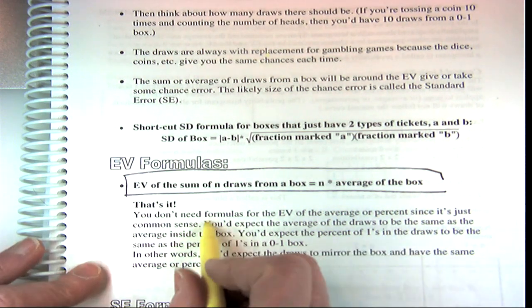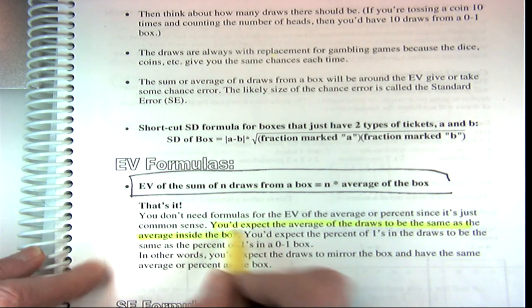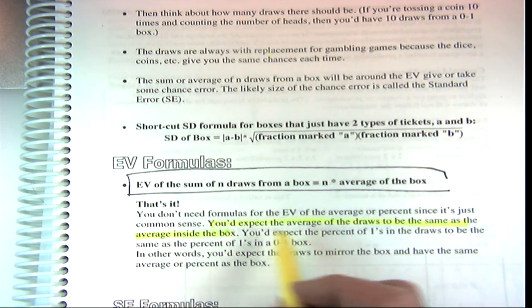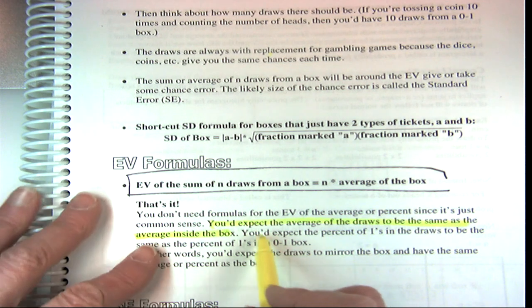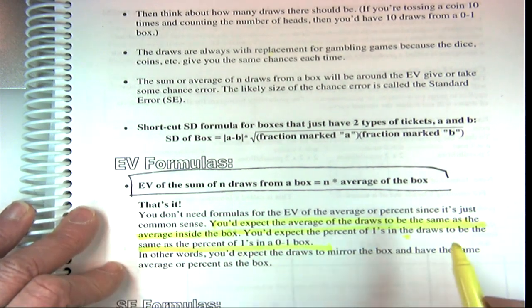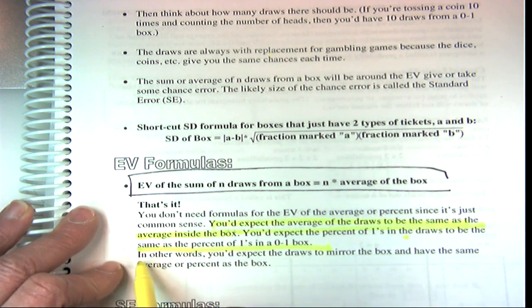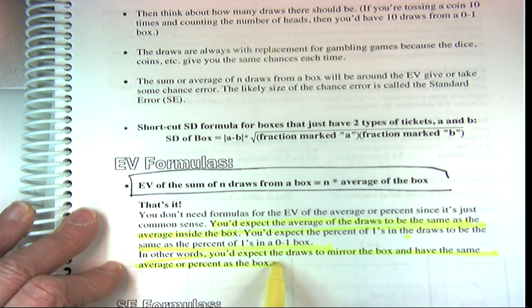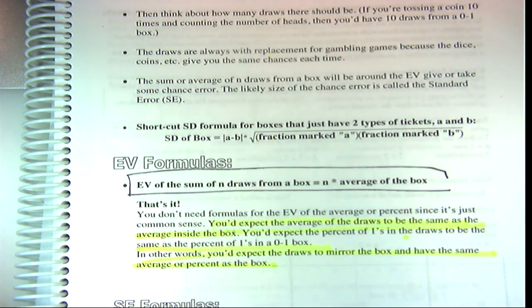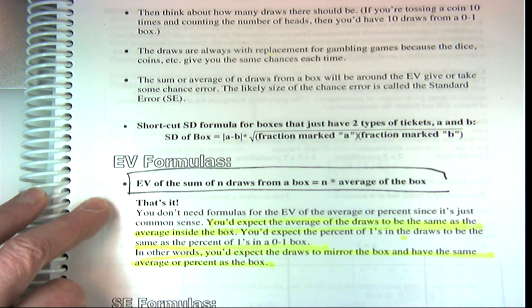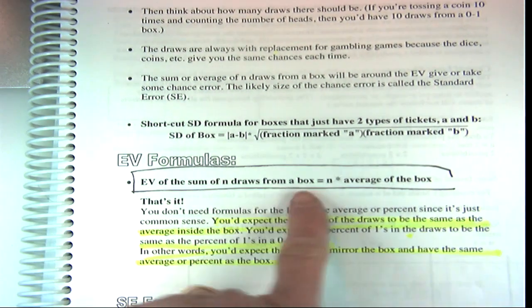Don't even overthink this. Even before you had a statistics class, you'd know this. And you'd expect the percent of ones in the draws in your sample to be the same as the percent of ones in the box. In other words, you'd expect the draws to mirror the box and have the same average or percent as the box. So you only have this one formula for the expected value of the sum.